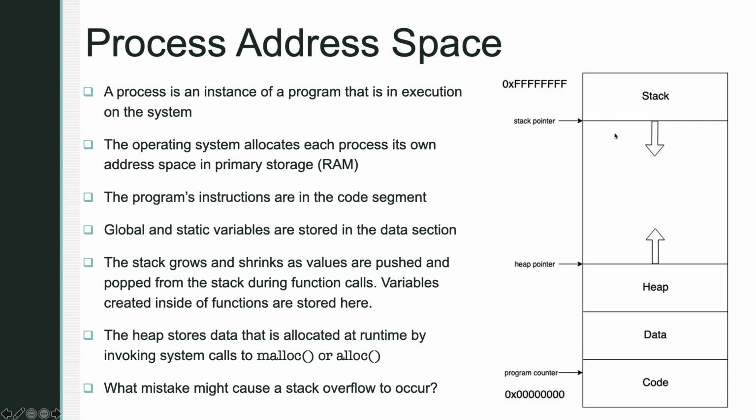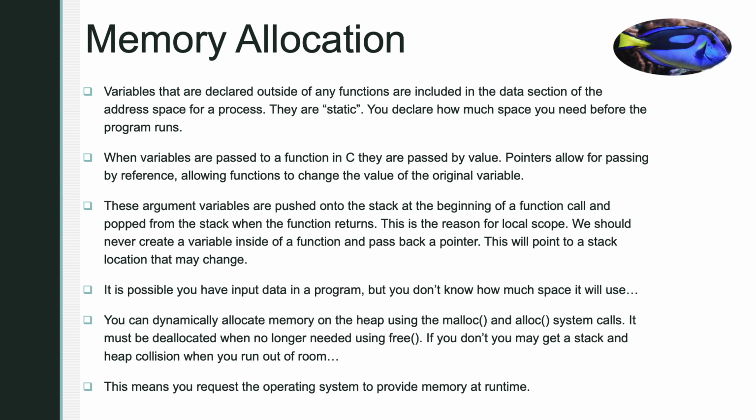But if we are inside of a function and we create a variable that is not created through malloc, and we pass it back, then this will point to some place on the stack that no longer exists. So you should never do this. You should never allocate variables in a function and pass them back unless they're done through malloc or alloc and you pass back a pointer. I hope that's clear. Maybe I didn't do the best job of explaining that.